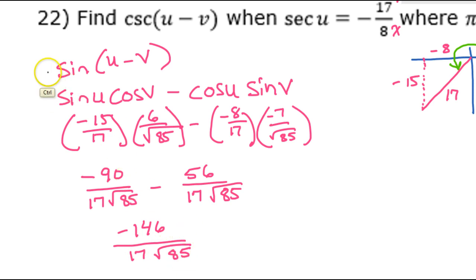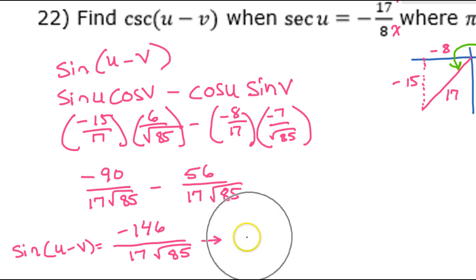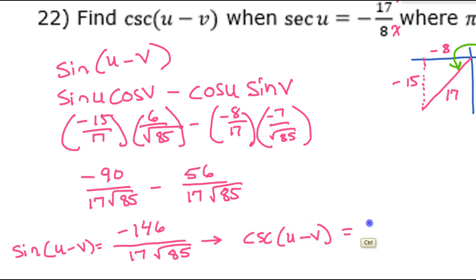Now remember that all of this is sine of u minus v. But we were supposed to find the cosecant of u minus v. So that's going to equal the reciprocal of this.